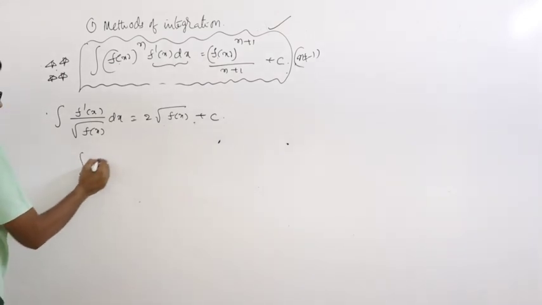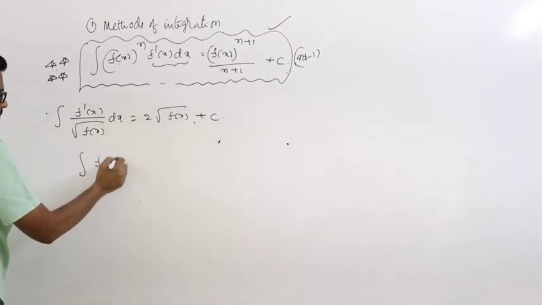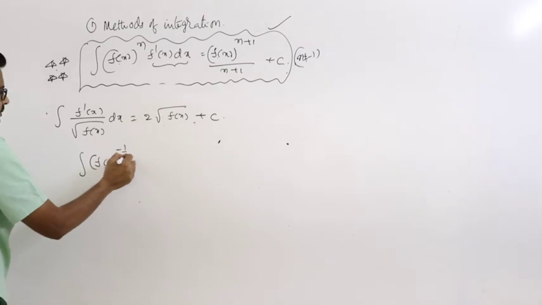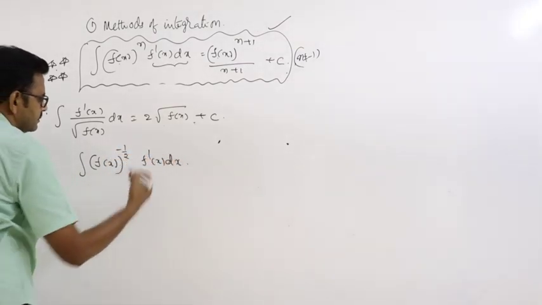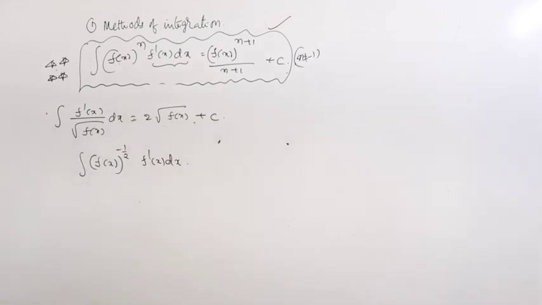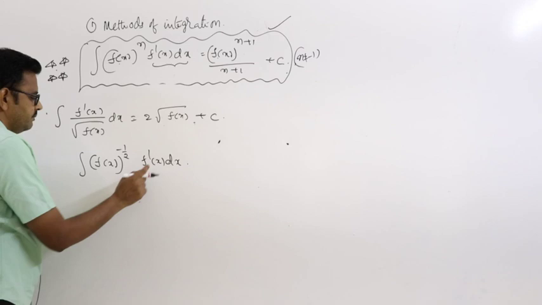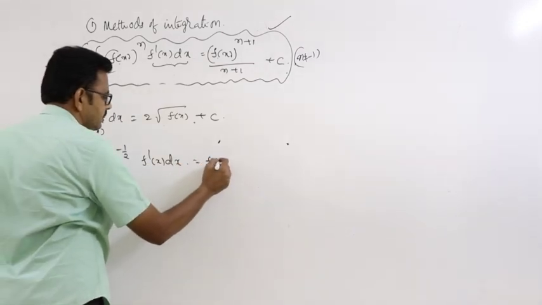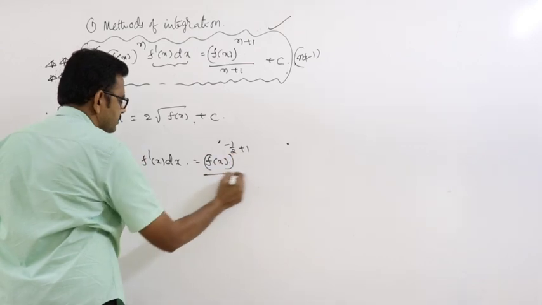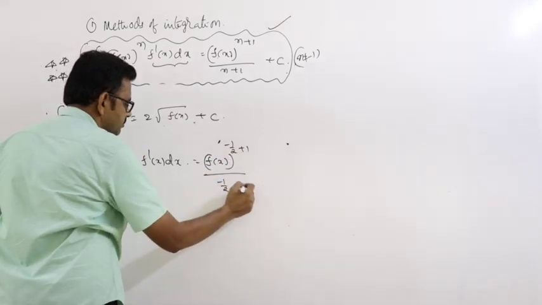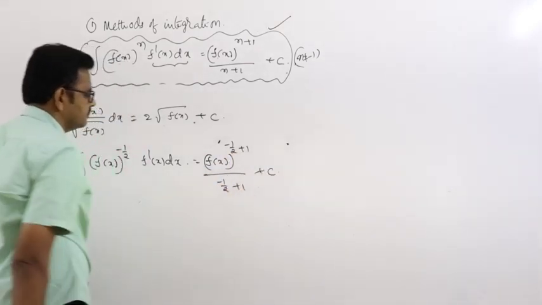So, here the integral is f of x whole power minus 1 by 2 into f dash x dx. By using this one, f dash x is the derivative of f x, that equals f of x whole power minus 1 by 2 plus 1 by minus 1 by 2 plus 1 plus c.